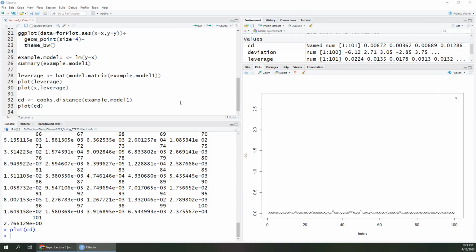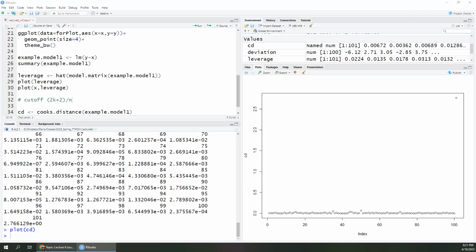There are a couple of rough rules of thumb to do these cutoffs. So for leverage, one that people use is 2k plus 2 divided by n, where k indicates the number of your predictors and n is the number of data points or your sample size.